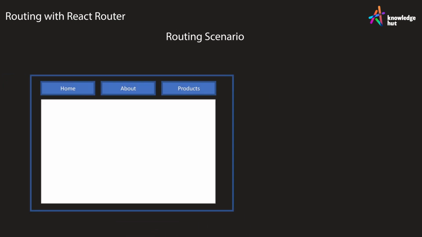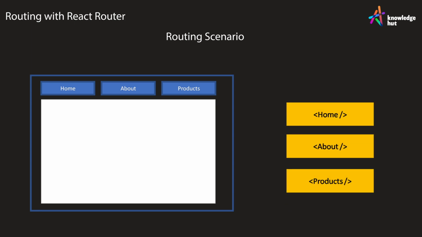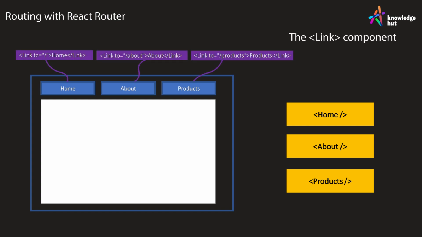To understand how all this falls into place practically, let's say you have an app which needs to load 3 separate components based on unique URLs. The navigation links here can be defined using a special link component that does the job of generating an anchor tag that is all wired up to push unique URLs into the browser's session history stack.